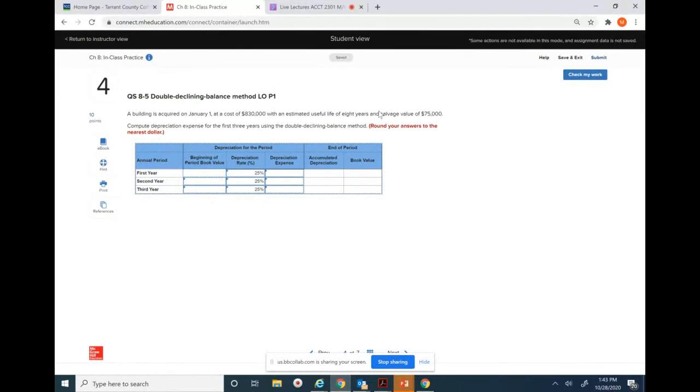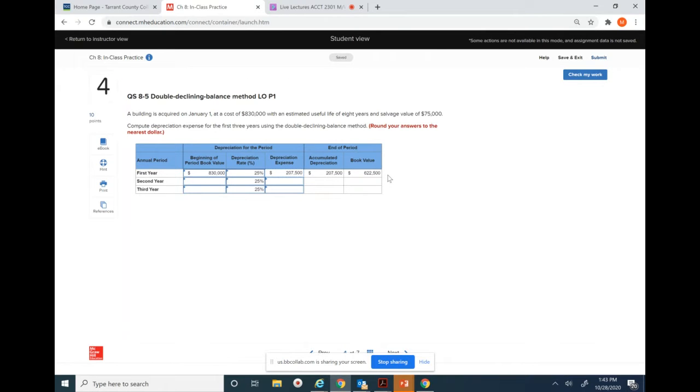So again, remember that this is the only method that does not use salvage value. So we will disregard this item. On January 1st, when they purchase the asset, this is what the book value is, $830,000. We're ignoring the salvage value. So for the first year, we have 830,000 times 25%. The first year's depreciation expense will be $207,500.